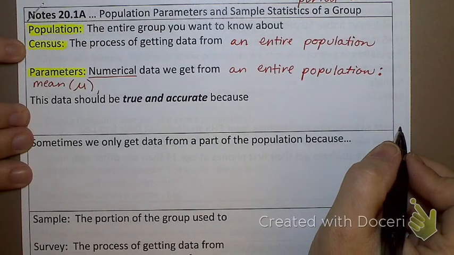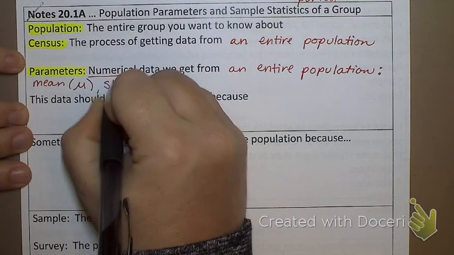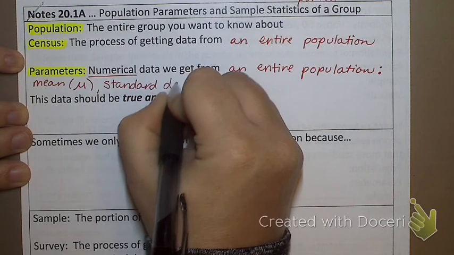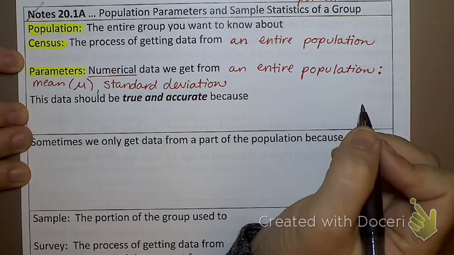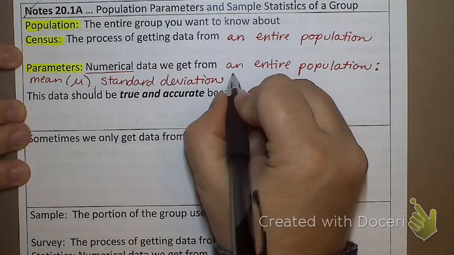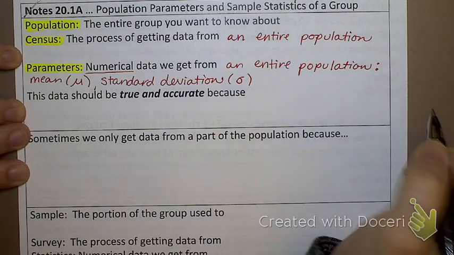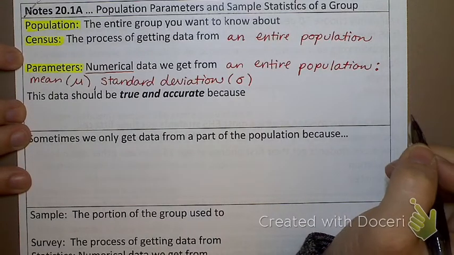Here's some Greek. You might also find out information about something called the standard deviation. And we'll talk more about that in the next several days. That is notated by this fancy little O with a little hat on top, kind of. That is another Greek letter, and that's actually a lowercase sigma.